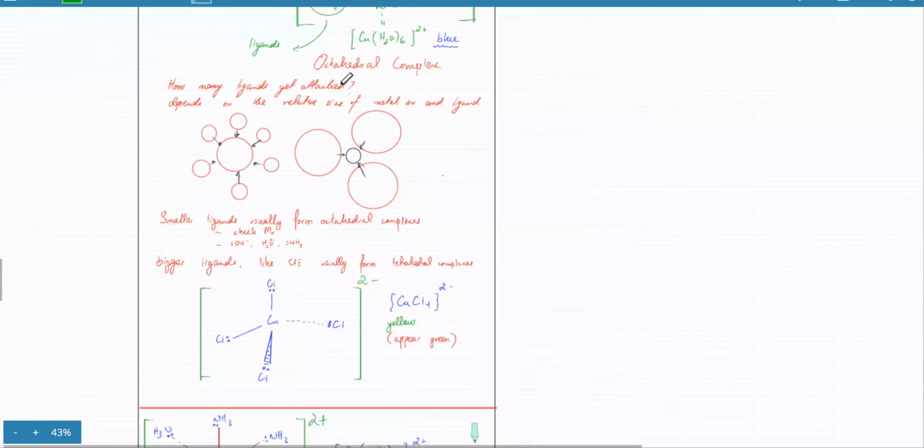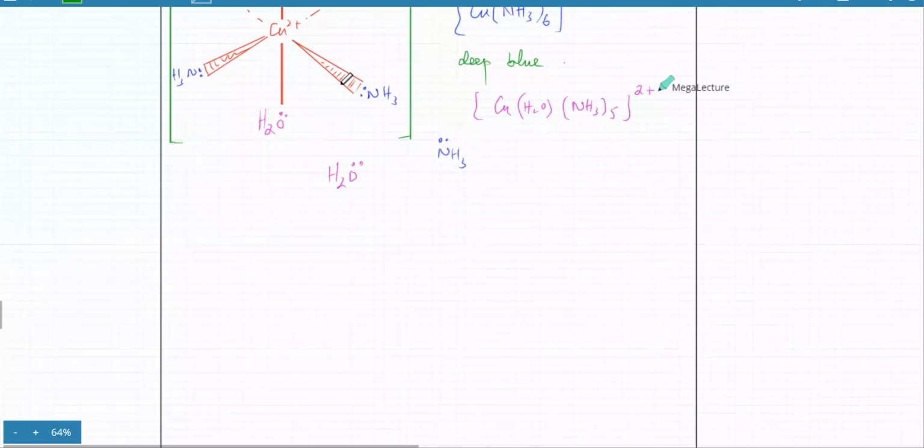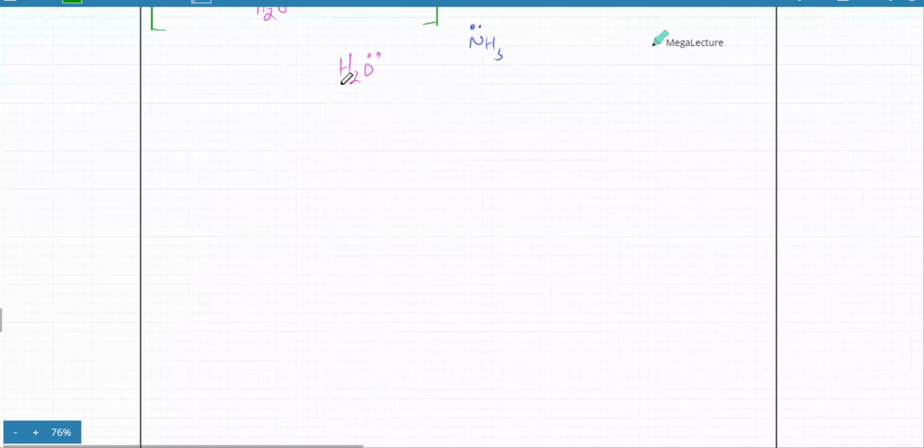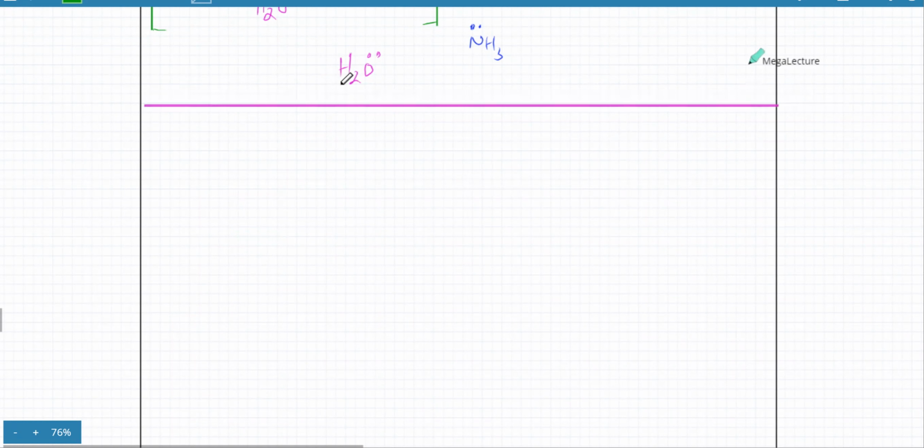Okay, so we're going to discuss the last copper complex. That one is copper hydroxide. So you have this copper 2 plus again, and let's quickly draw this.